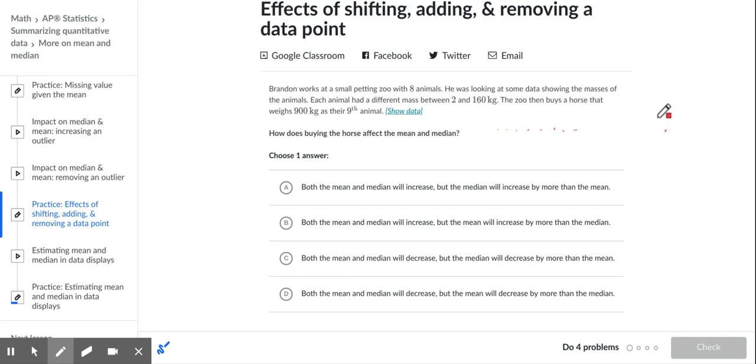The fact that it's 900 kilograms does not matter to the median, but to the mean, it matters a lot. It very much skews the mean toward this data point because it's so much bigger. So the answer would be B. The mean is going to increase more.